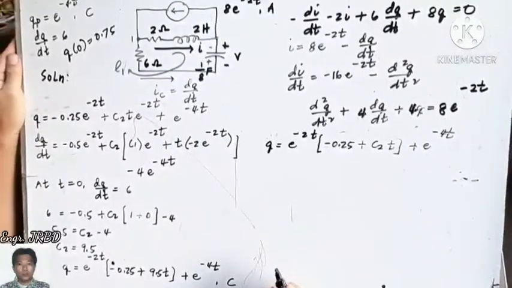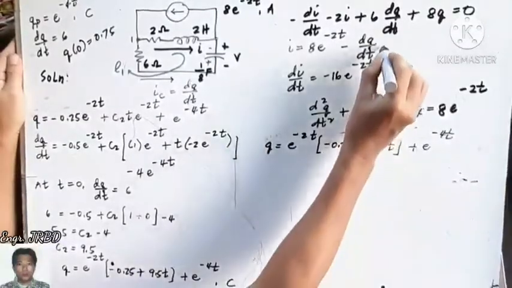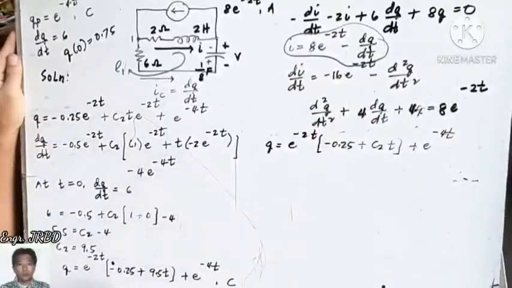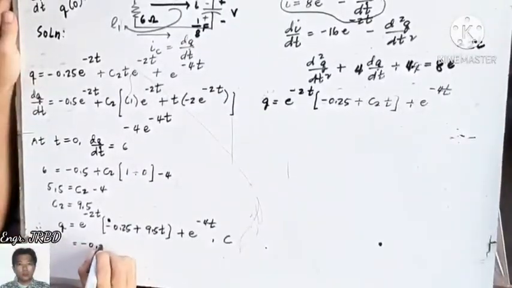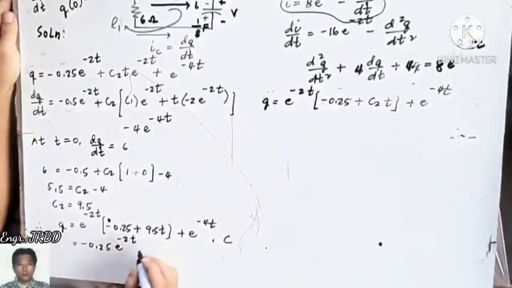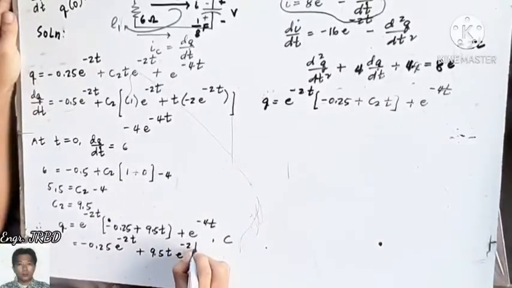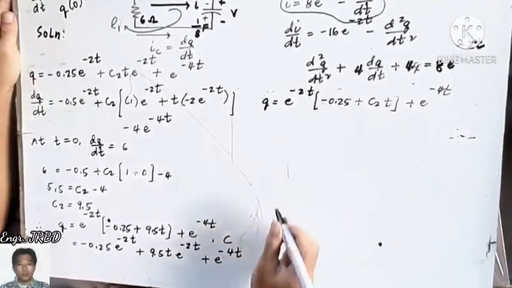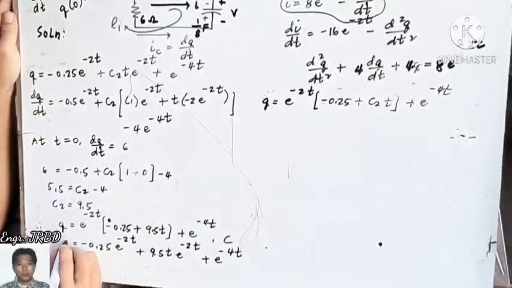You need only make use of this equation. But first, let us have this one distributed: negative 0.25 e raised to negative 2t plus 9.5 times t e raised to negative 2t plus e raised to negative 4t. That is your Q.